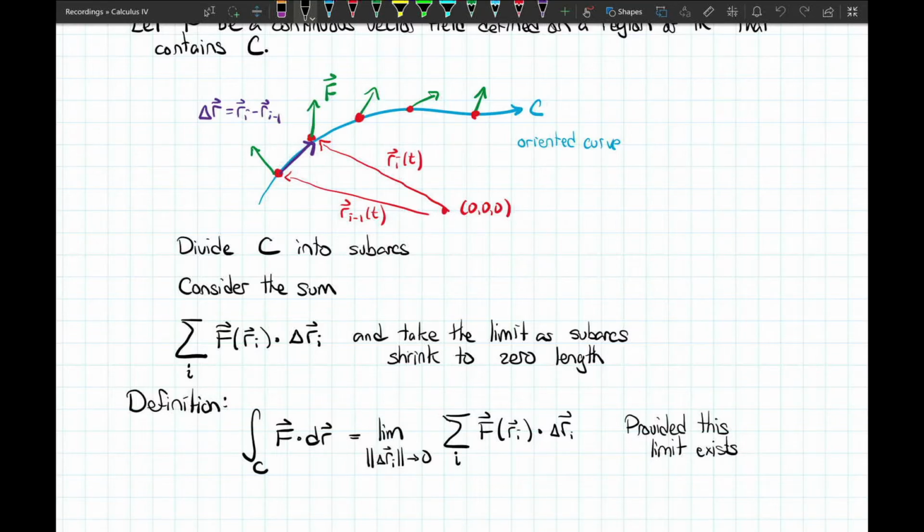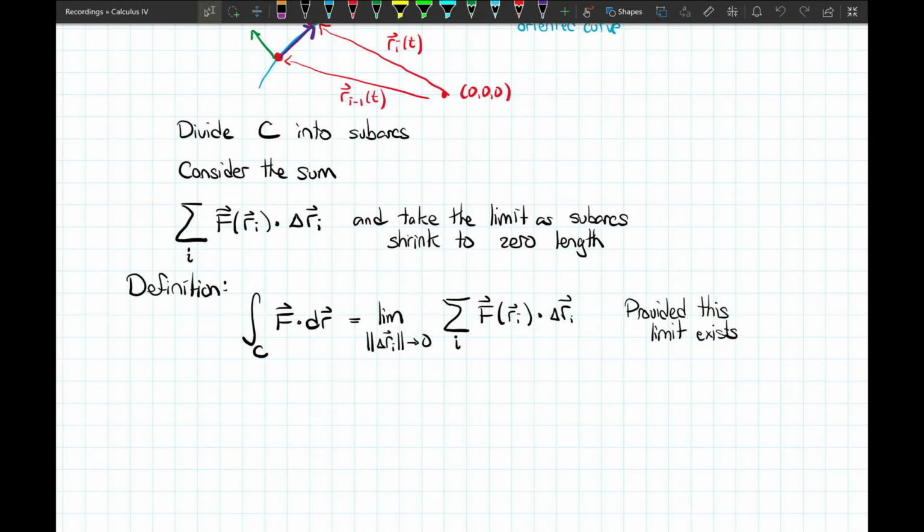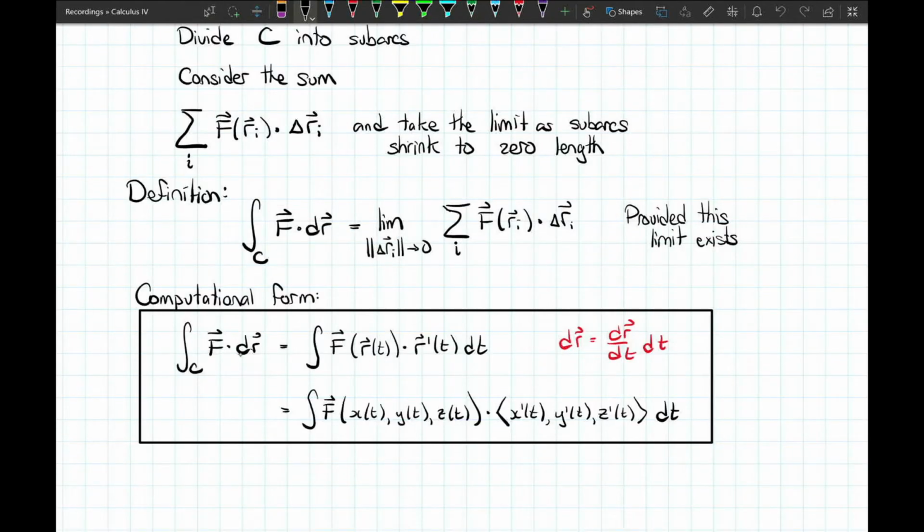Now, we're not going to want to compute it this way. So what's the computational form of this? For computational form, we can rewrite dr as dr by dt, so simply r prime of t. We're going to take our vector field function, plug in the parameterization of points on our space curve, and take the dot product with r prime of t.